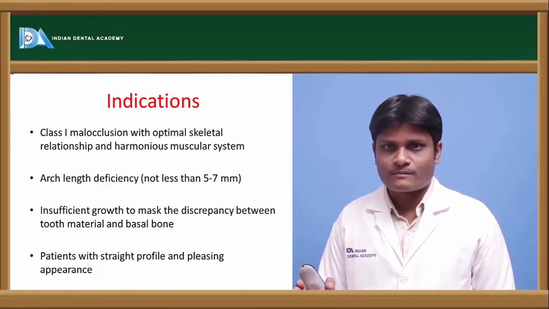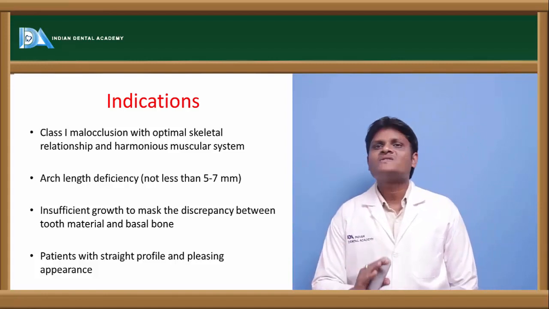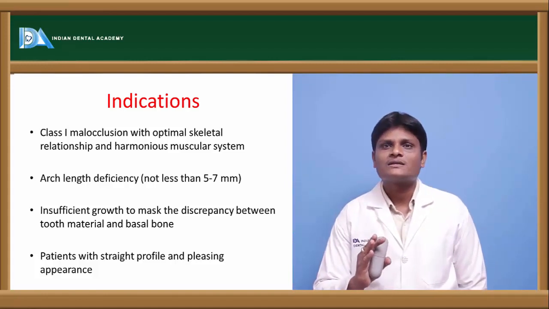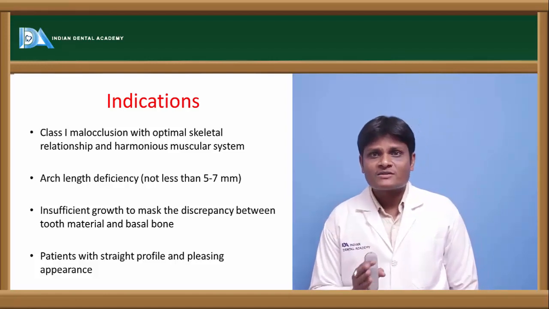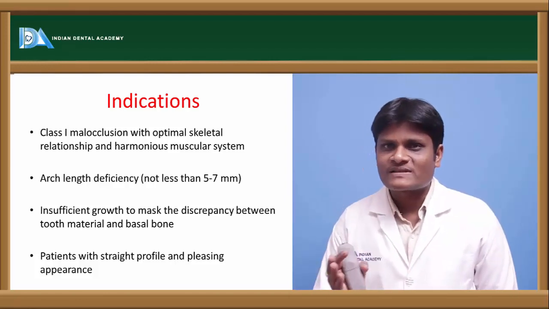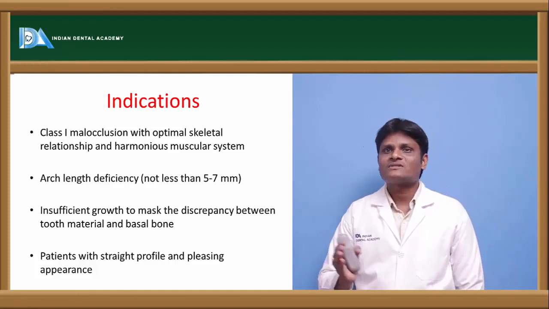So insufficient growth to mask the discrepancy between tooth material and basal bone or arch length is an indication for serial extractions. Patients with straight profile and pleasing appearance are the only ones indicated for serial extraction, whereas patients with severely convex profile or presence of skeletal discrepancies are not indicated for serial extraction.